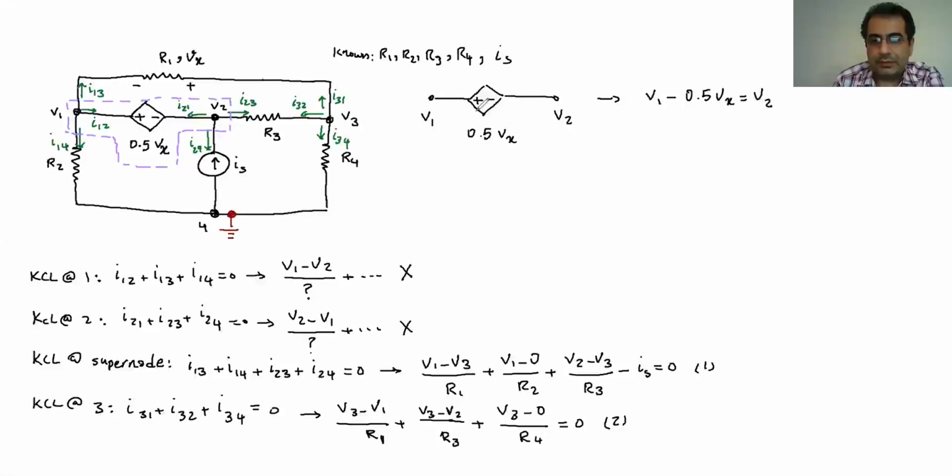So always when we have a battery in the system, if it goes from negative to positive, it adds it. So if I go from V2 plus 0.5 Vx, it's going to be equal to V1. Or if I go the other way, from the positive to negative, it's going to be V1 minus that battery, because I go from positive to negative. It gives me this.